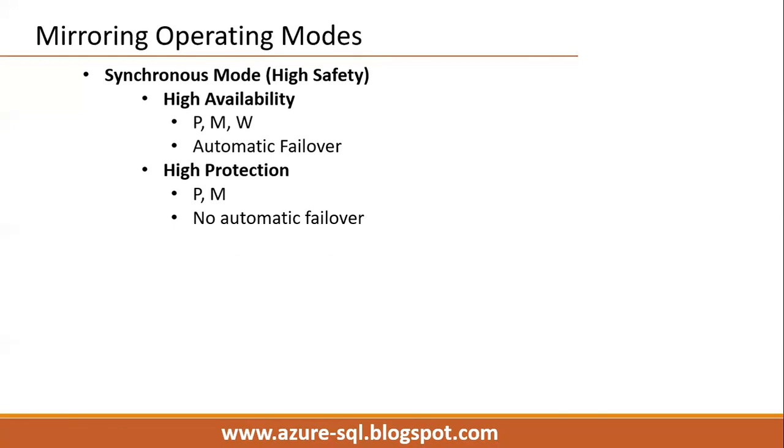No automatic failover means, tomorrow if the principal is down, the mirror will not come online. Manually we have to bring this mirror online by running one or two commands. No need to take a tail log backup actually. We'll see that.